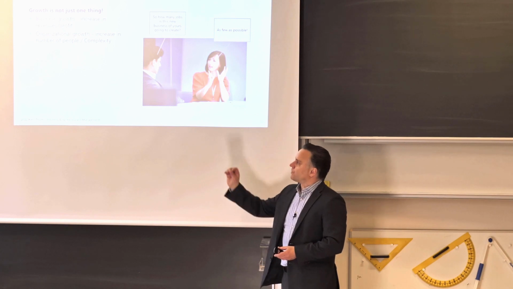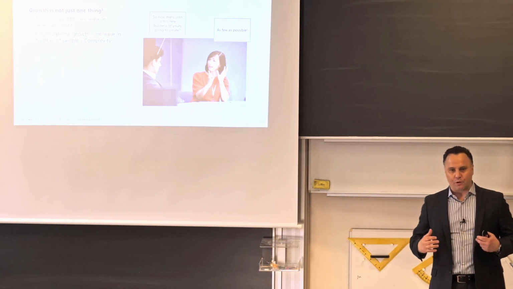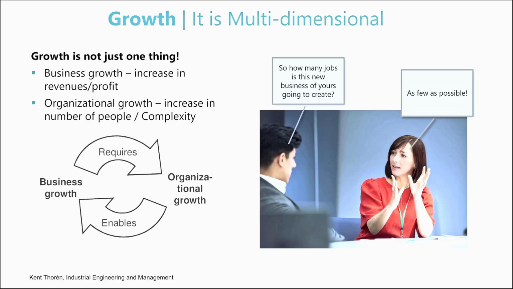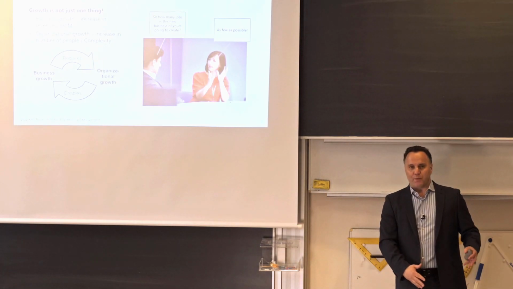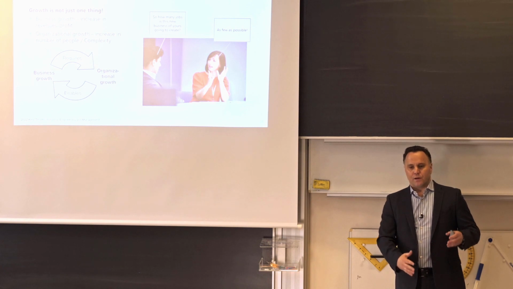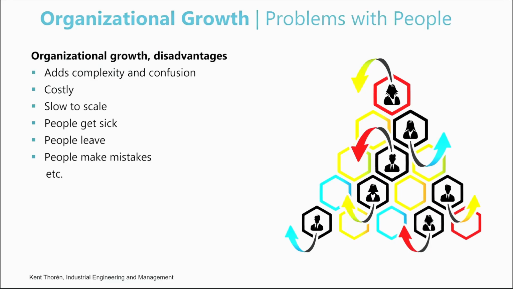Then we have organizational growth. That is the number of people you need to have to create the revenues. And unfortunately, let's say, there is a connection here. If I want to make more money, I have to have more people. So with that comes complexity, responsibilities. People are very expensive. It's the most expensive assets probably that we will need.